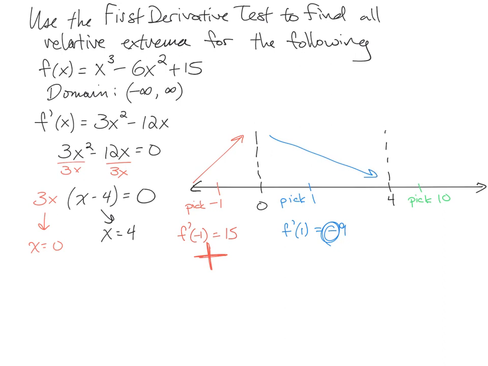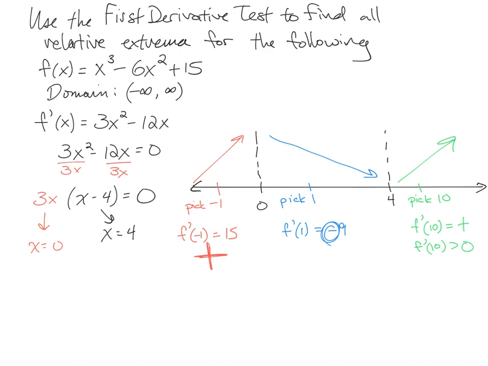So this interval will be decreasing. And then if I pick 10, I don't know what that number is, but it's going to be pretty easy to see that f prime of 10 is positive, aka it can be written like this: f prime of 10 is bigger than 0, which means this interval is increasing.